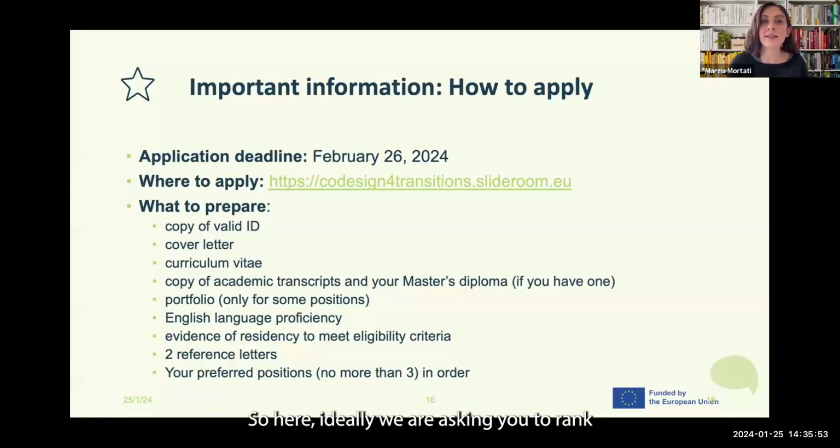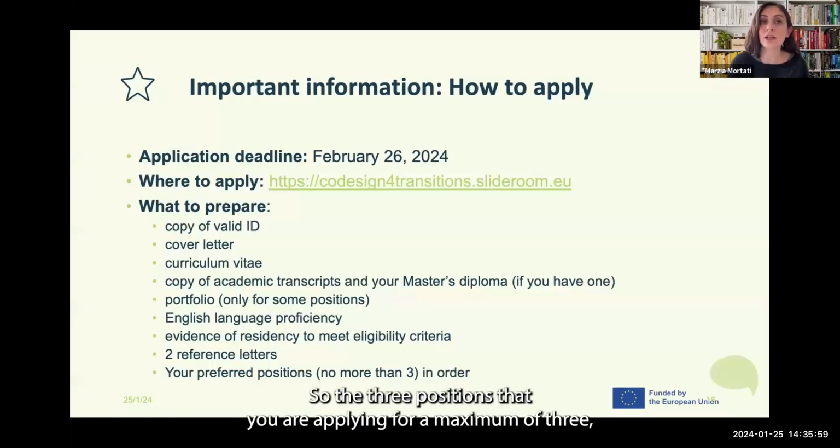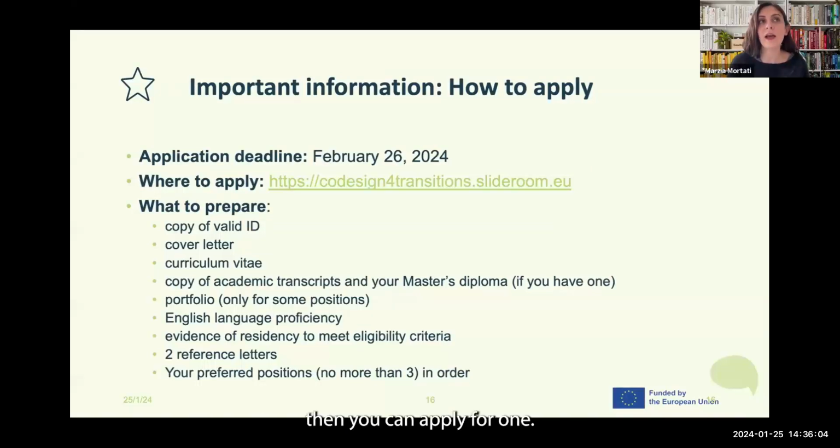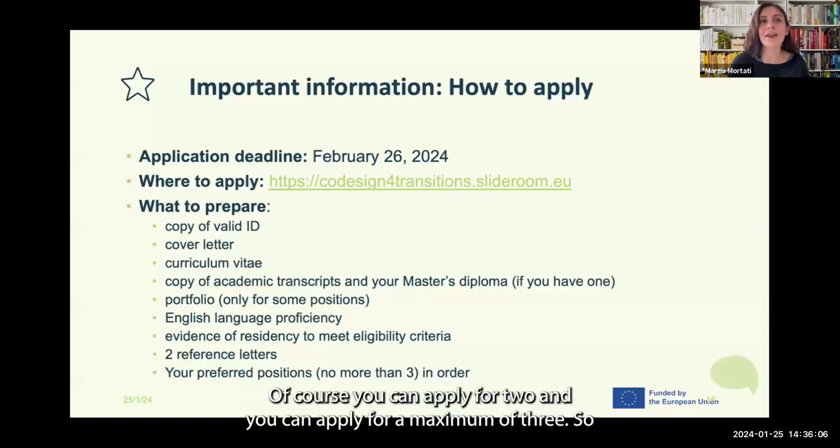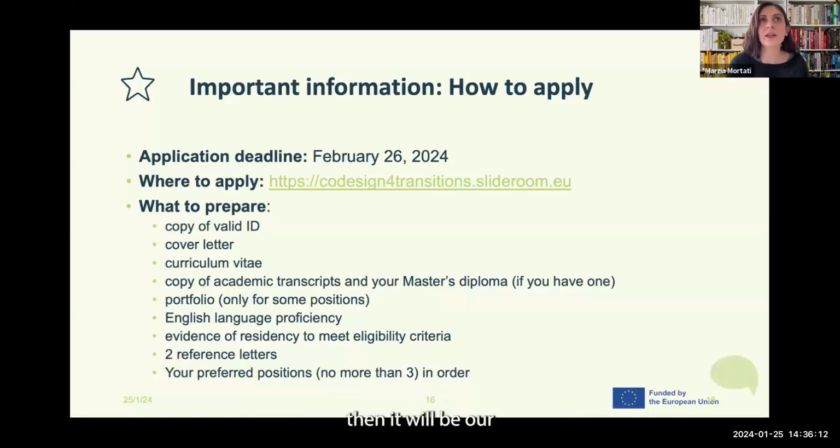So here, ideally, we are asking you to rank the 3 most relevant positions. So the 3 positions that you are applying for, a maximum of 3. Then you can apply for 1, of course, you can apply for 2, and you can apply for a maximum of 3.